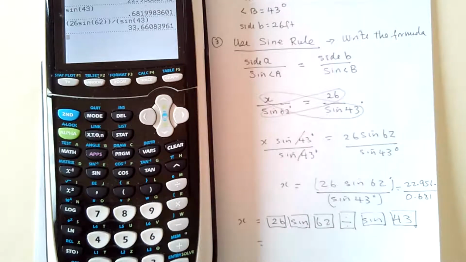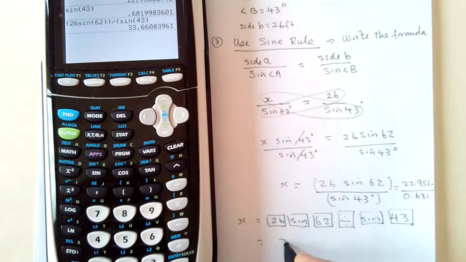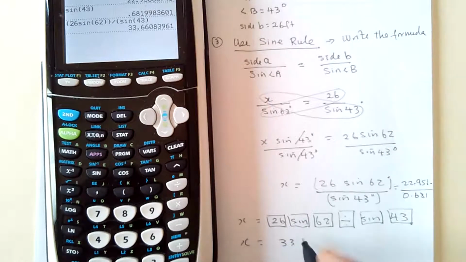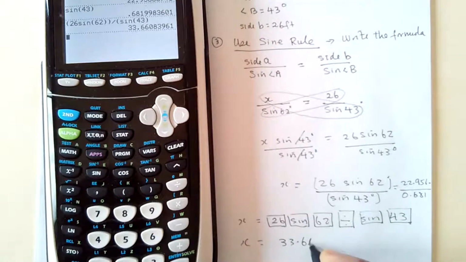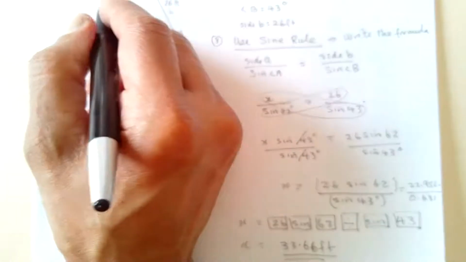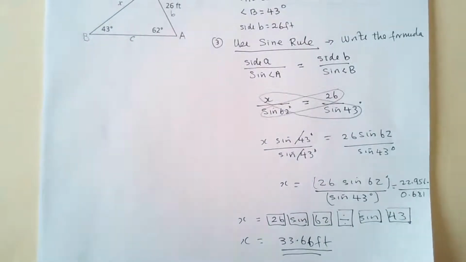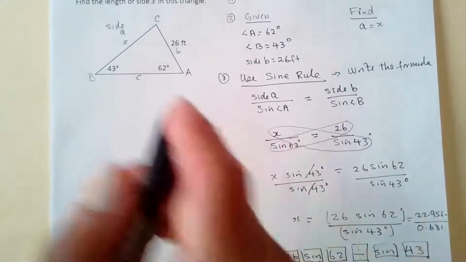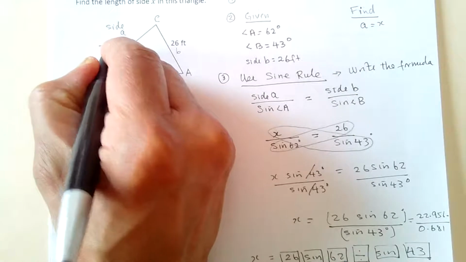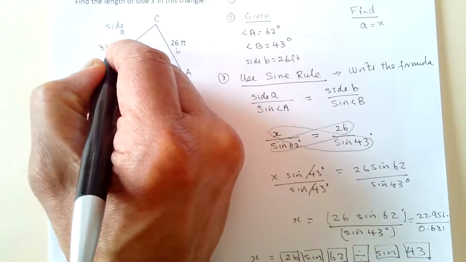And that will give me an answer of 33.66. So X, in this case using the sine law, is 33.66 feet.